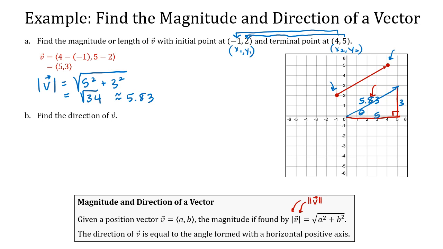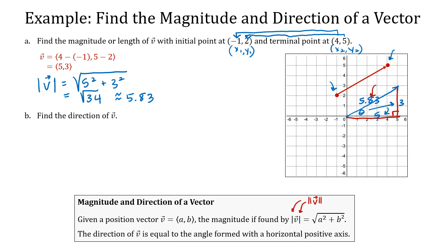So using right triangle properties, we can actually use sine, cosine, or tangent, but what I would advise is that you always use what was given to you. So the 5.83 came from my calculations. I'm going to use the relationship between theta and the values that were given, which are the 3 and the 5. That means that I'm going to use tangent.